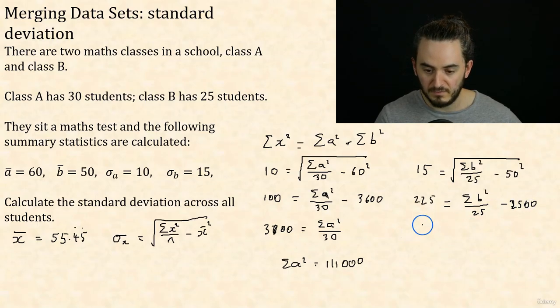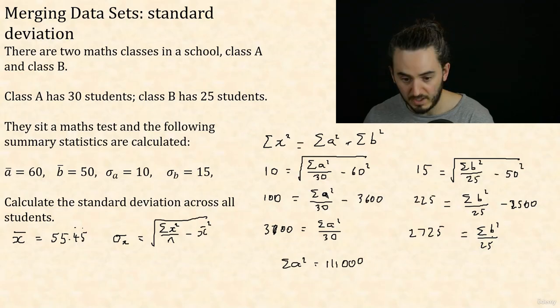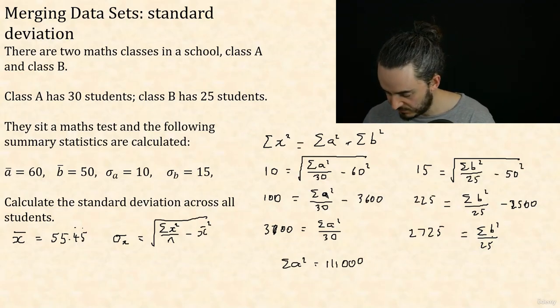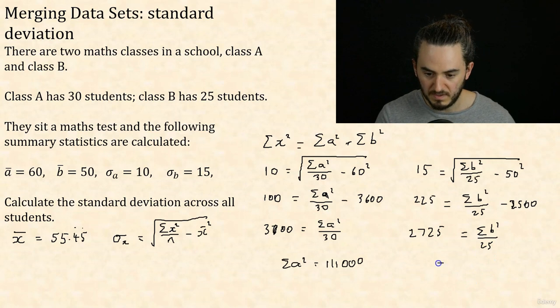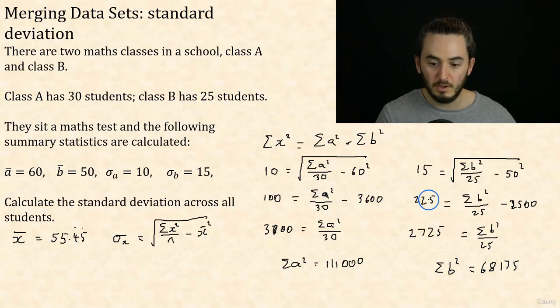Adding 2,500 to both sides, I get 2,725 is equal to the sum of the squared scores in Class B over 25. Multiplying both sides by 25, I get the sum of the squared scores in Class B to be 68,175.